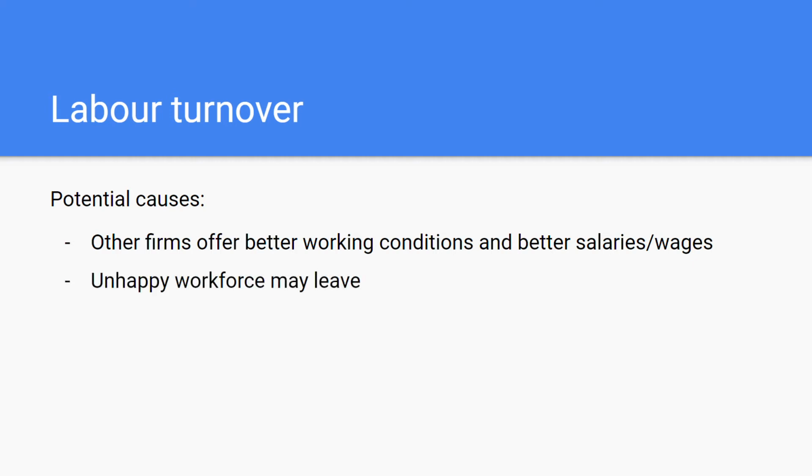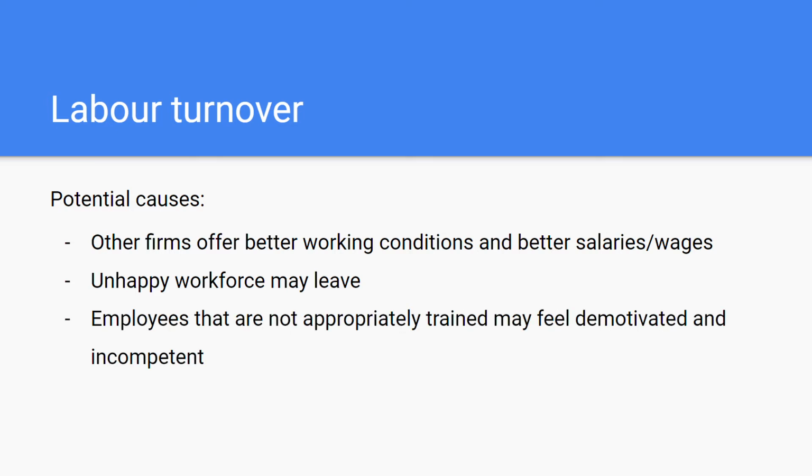Another potential cause is an unhappy workforce, and this may be due to a lot of factors such as management or business environment, organizational culture, and so on. And then the third example is that employees are not appropriately trained and may feel demotivated and incompetent.